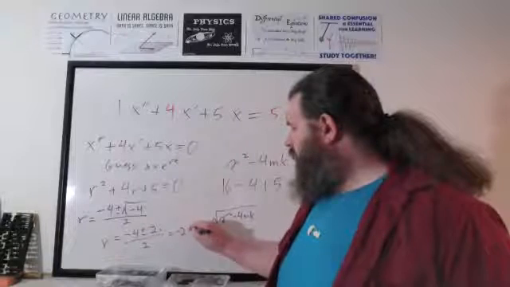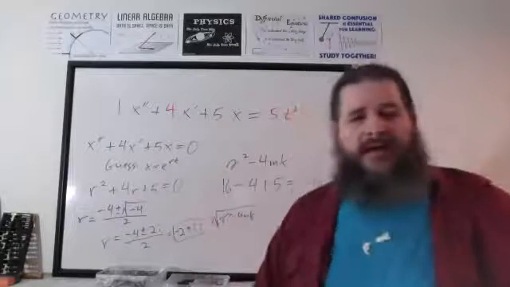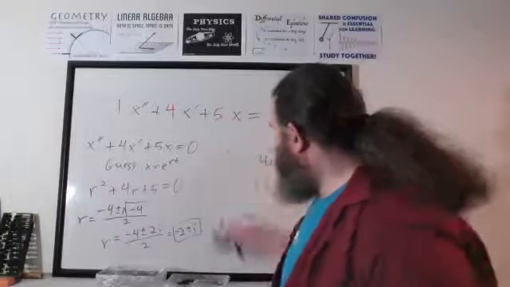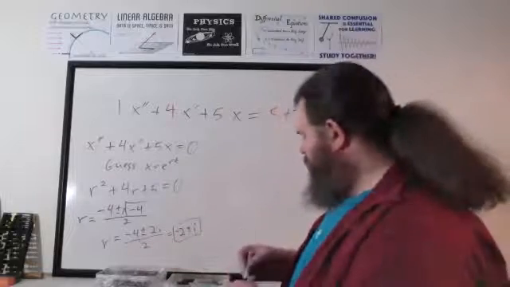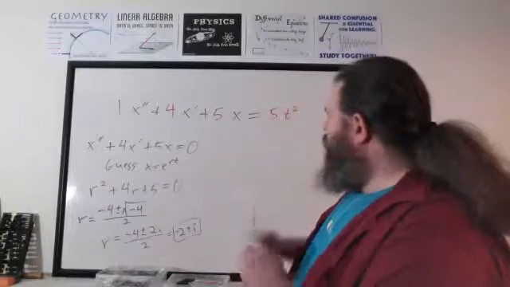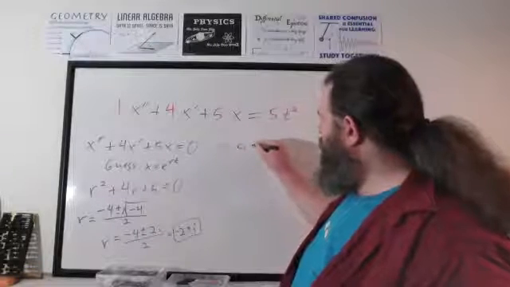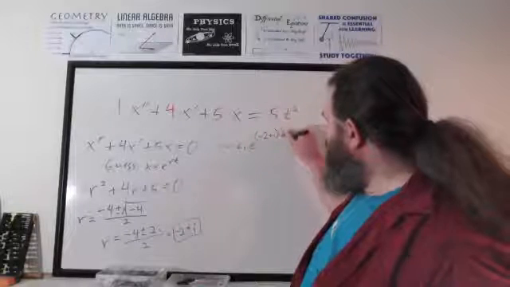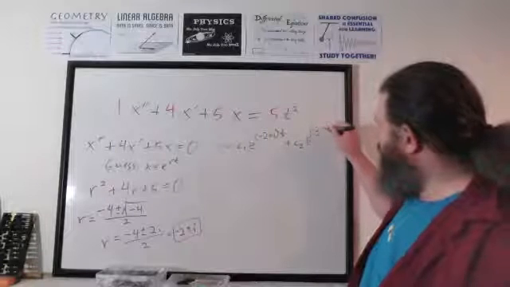So -2 plus or minus i. Those would be the r values here. And when we fill those into our guess, we would have C1 e to the (-2 plus i)t and C2 e to the (-2 minus i)t.